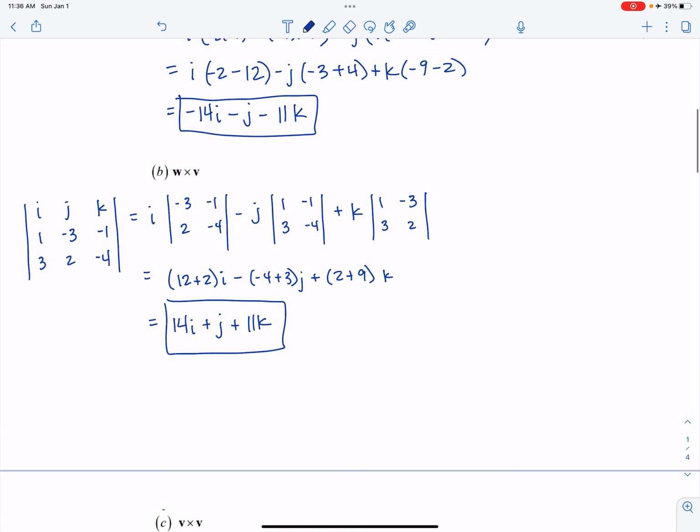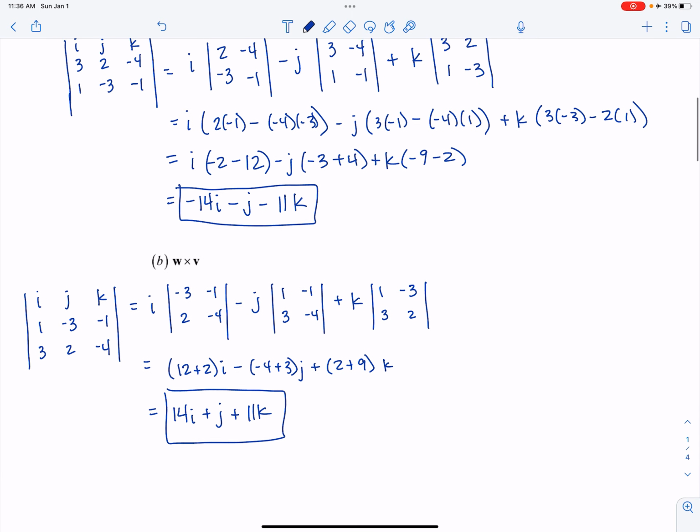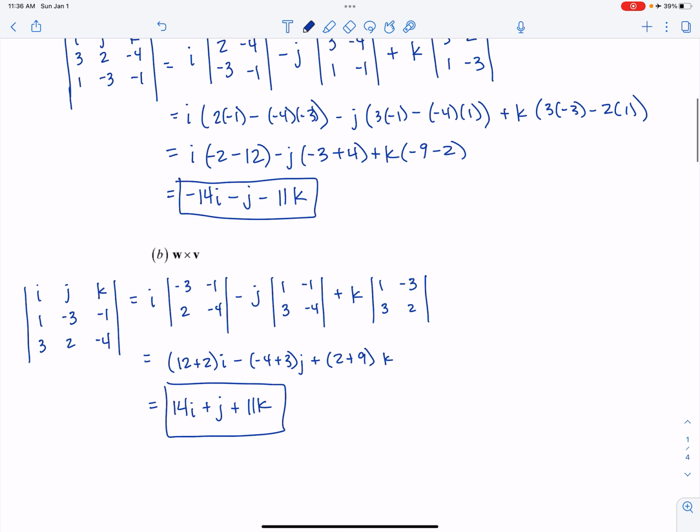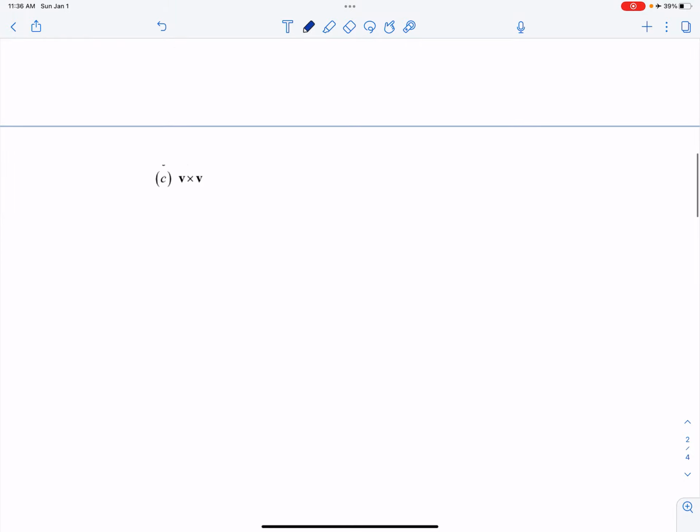And we can see right away that the order will matter. So v cross w does not equal w cross v. So be very careful that you're aware of what order you're doing these things in.